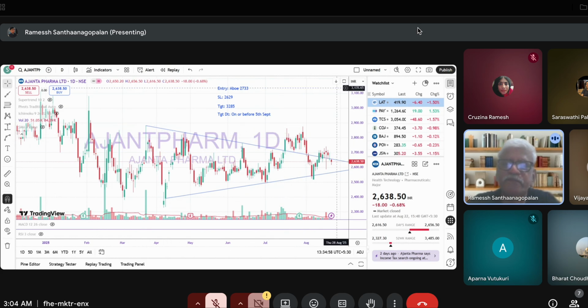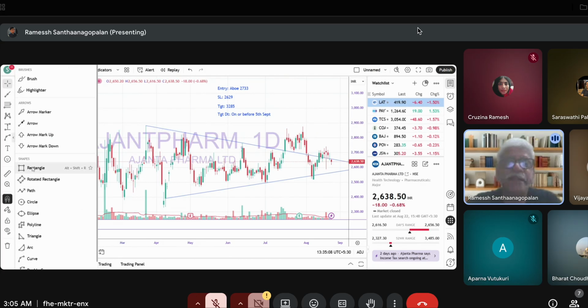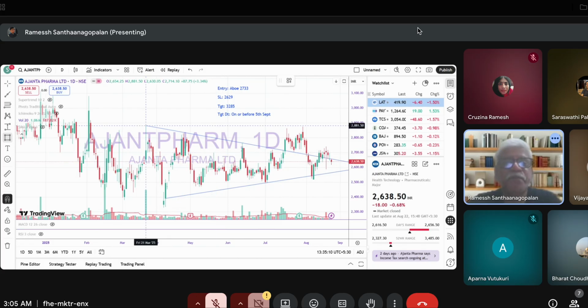It did not go up. Why? Because here the pattern is actually not a triangle. The pattern is a rectangle. How rectangle?